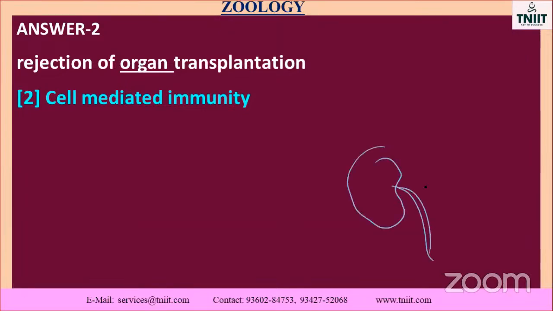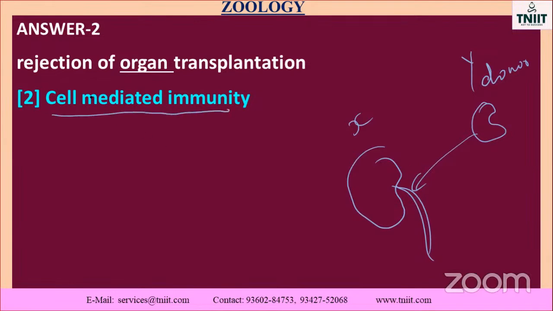Just imagine, this is the X person. Y person is the donor. It is not related to his family. They are giving the kidney. Okay, if it is accepted by the body, okay, but if it is not accepted, what is the meaning of this? Due to cell-mediated immunity. This organ was rejected by this X fellow. It is called cell-mediated immunity.